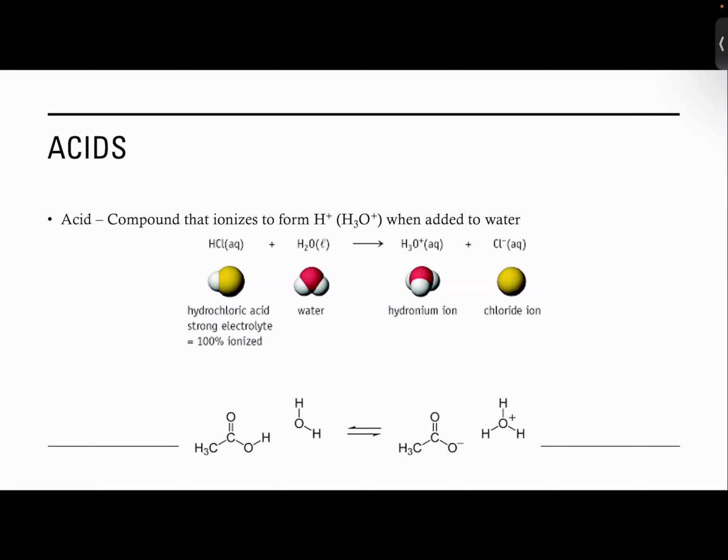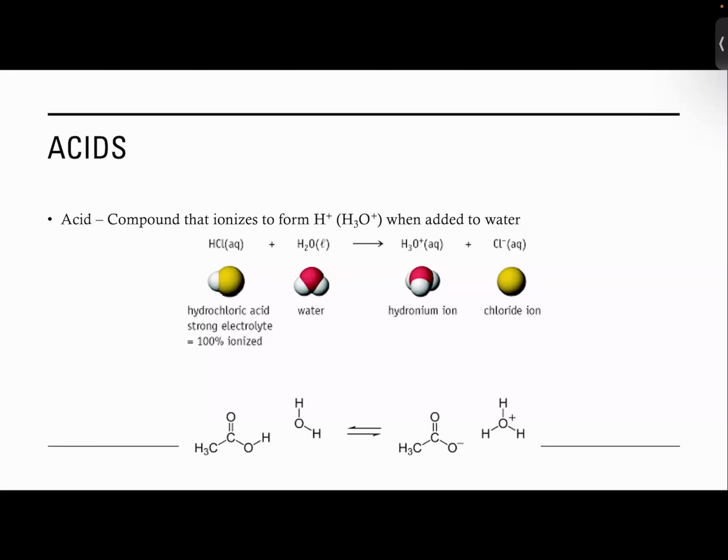Here I have given an example of hydrochloric acid. The hydrogen from the hydrochloric acid reacts with the water to form the hydronium ion, and what's left over is the chloride ion. Down here, I've given you acetic acid. The acetic acid reacts with water.